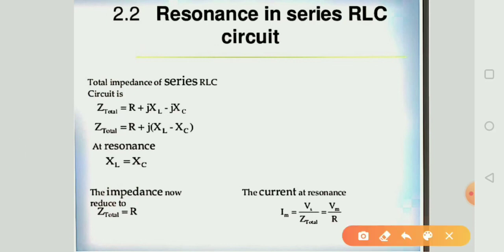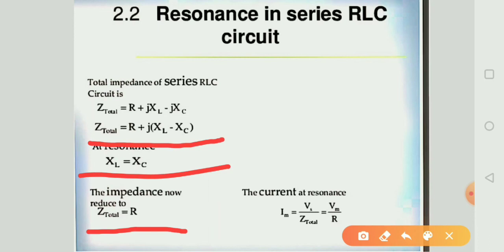At resonance, we know that XL equal to XC. If we put XL equal to XC, we get Z equal to R, and this is a purely resistive circuit. We can say that in the resonance condition, our circuit behaves like a purely resistive circuit.